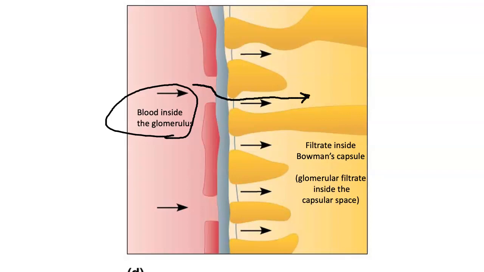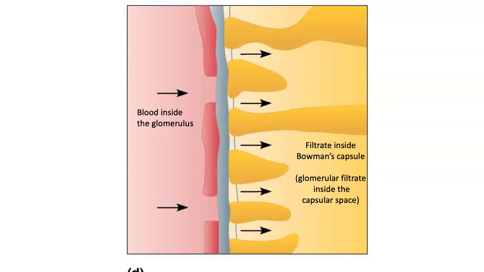And so what happens is pressure drives substances out of the glomerulus and into Bowman's capsule. That's what's known as filtration. And the substance that enters Bowman's capsule is known as the filtrate, or people also describe this as the glomerular filtrate.